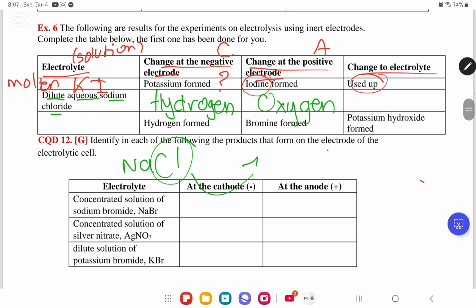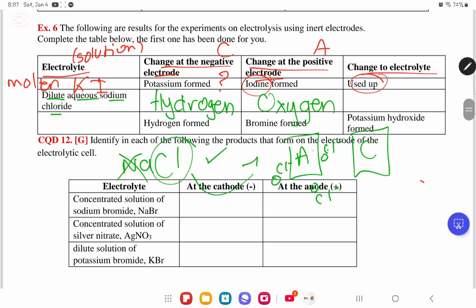let's say it was not dilute, instead it was concentrated. Na would not form either way, but Cl would definitely form. So that means Cl is way stronger. So what is going to happen is that, let's say this over here is the anode and this over here is the cathode. Cl would exist over here, trying to come.